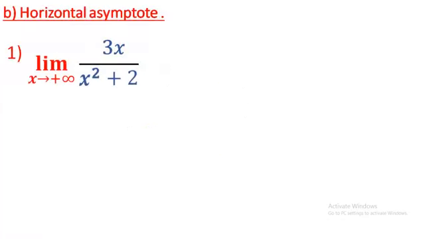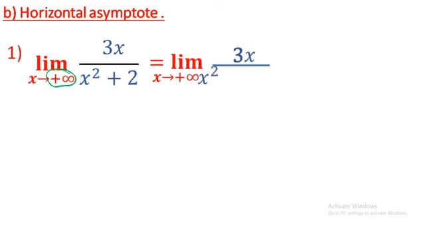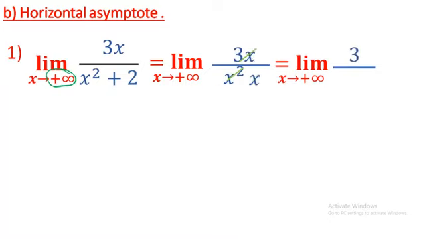Now, if I have the limit as x tends to plus infinity of the rational function 3x over x squared plus 2, because I have the limit as x tends to infinity, we will use the highest power term rule. So we will get the limit as x tends to plus infinity, and the highest power term in the numerator is 3x, and in the denominator is x squared. And we will cancel x by x squared to get the limit as x tends to plus infinity of 3 over x.